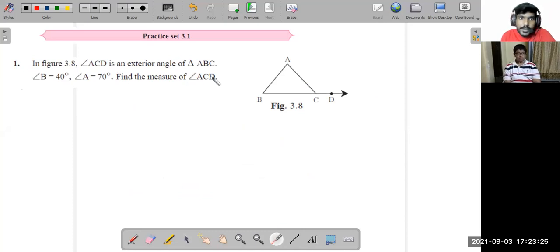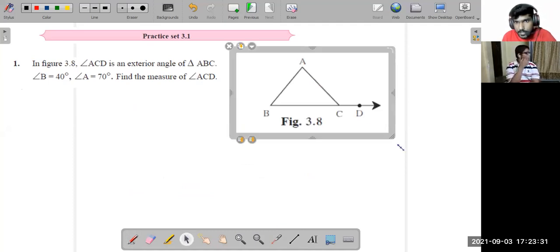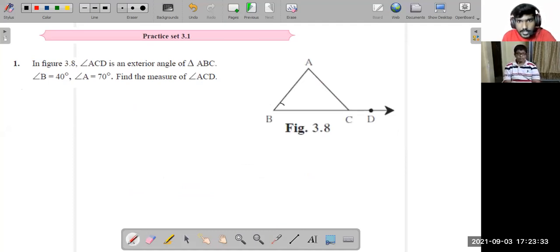So it is an exterior angle of triangle ABC. Angle B is given 40 degree. Angle A is given 70 degree. You have to find measure of angle ACD.